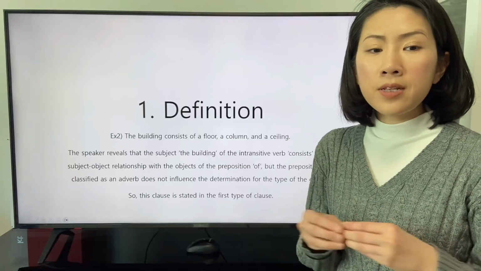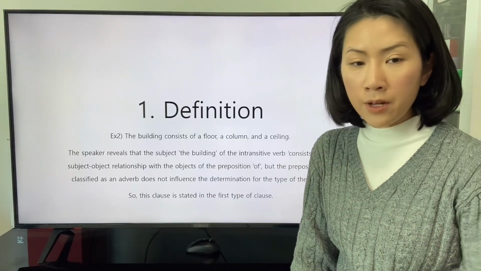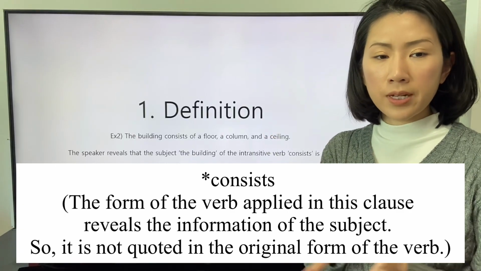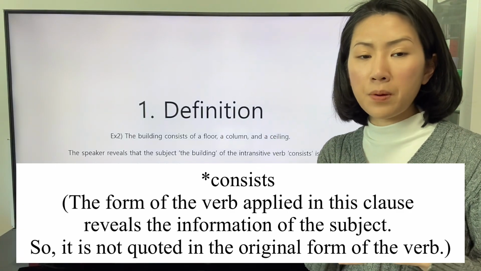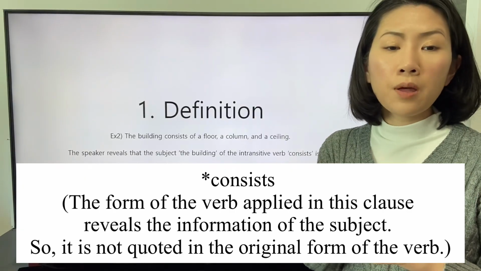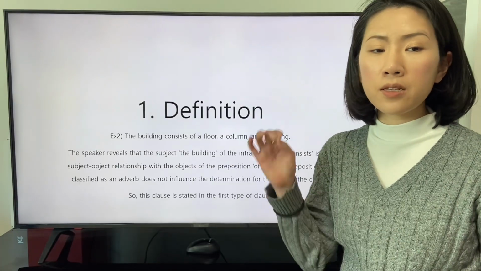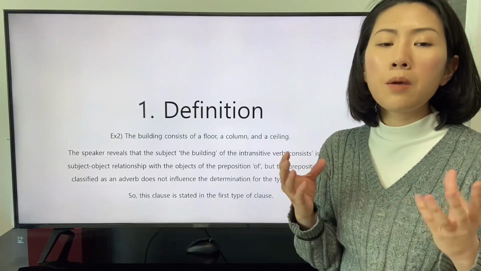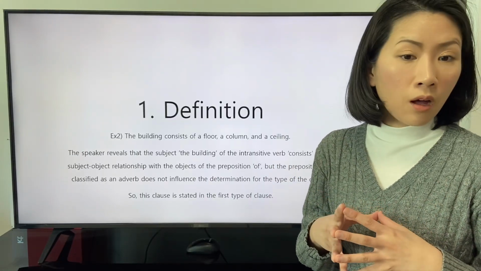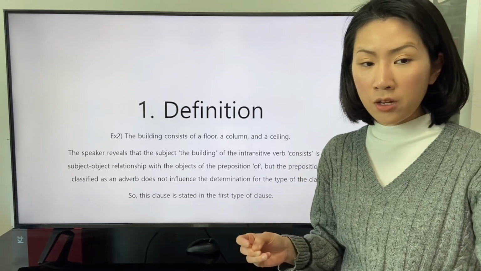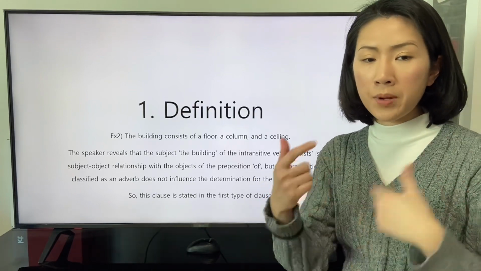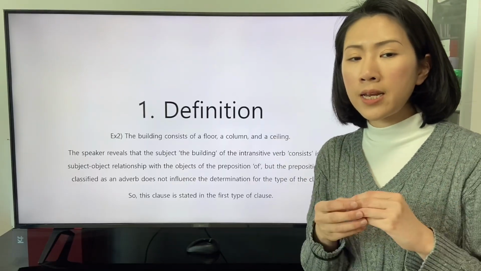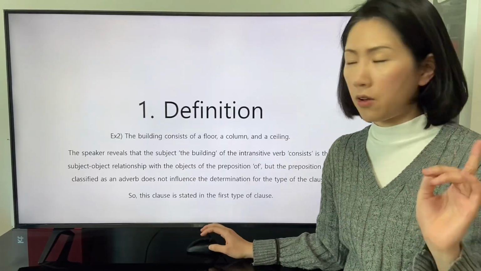The speaker reveals that the subject, the building of the intransitive verb, is in a subject-object relationship with the object of the preposition of, but the preposition of, classified as an adverb, does not influence the determination for the type of the clause. So this clause is stated in the first type of clause.